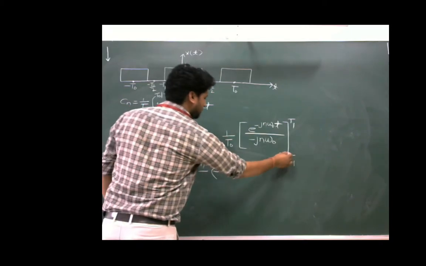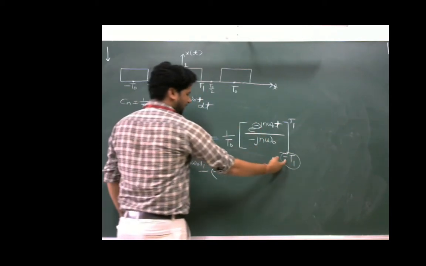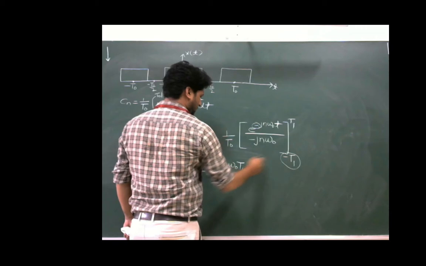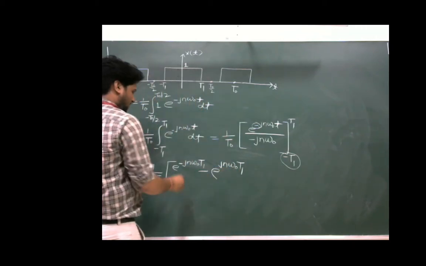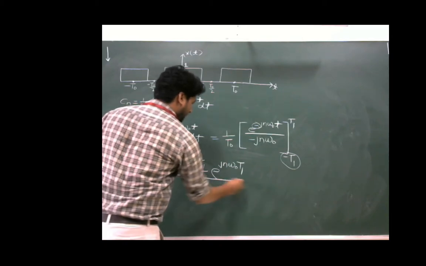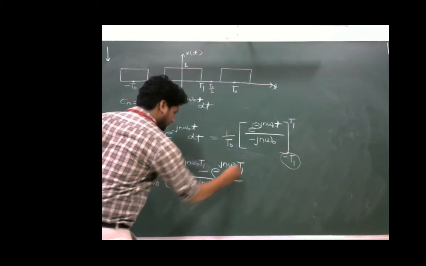When we put this minus t1 here, one minus is already there, so this minus will become plus e power plus j n omega naught t1, divided by minus j n omega naught.